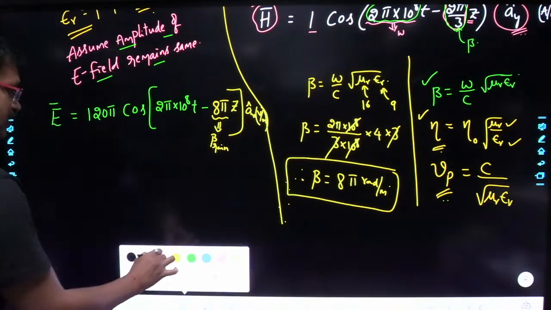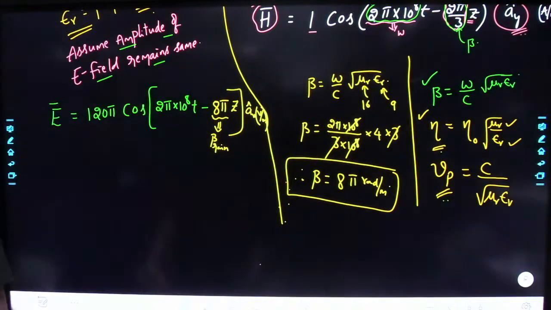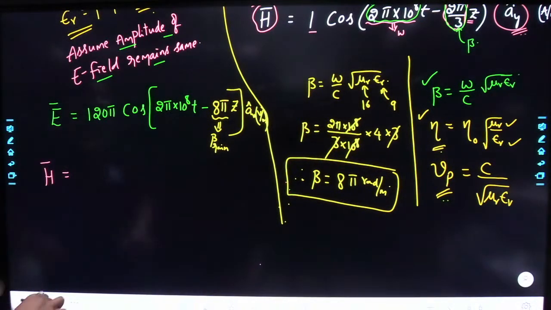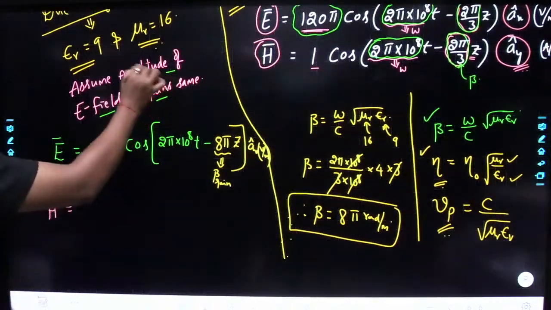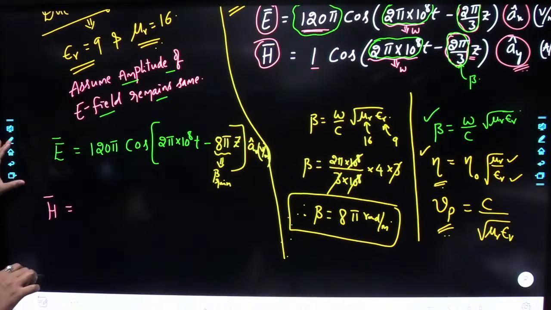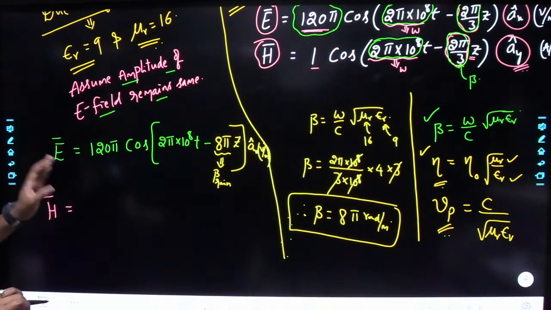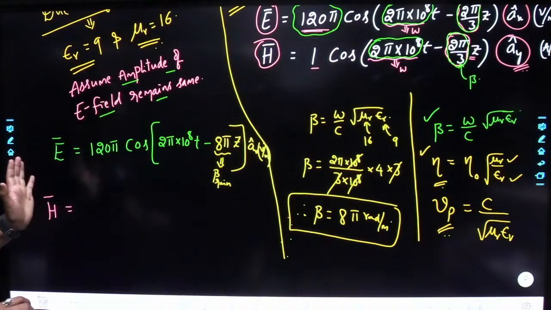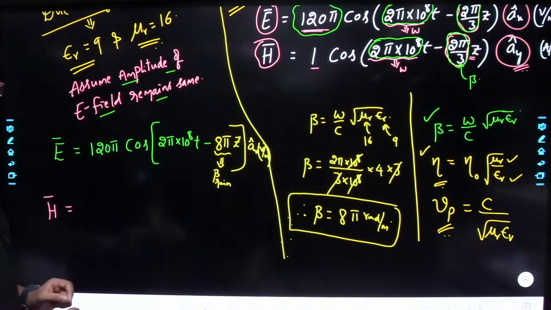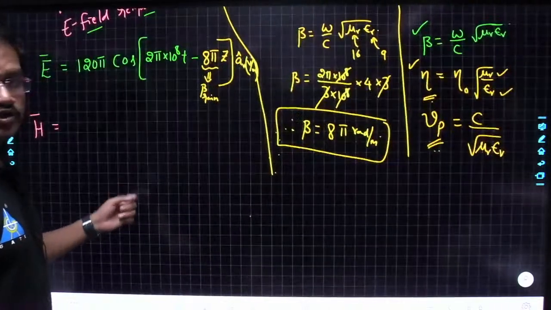Next, the H field, you have to write the expression for the H field. Here they are saying that assume the amplitude of electric field remains same, but they are not saying the amplitude of magnetic field will also remain same. Which means you have to determine the amplitude of the magnetic field. How can we determine it here?